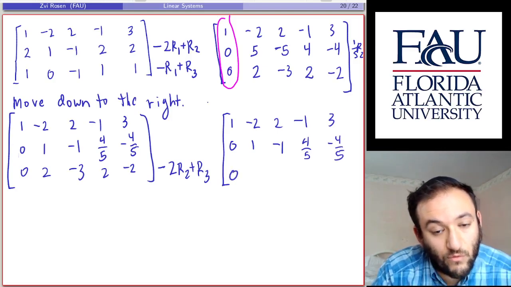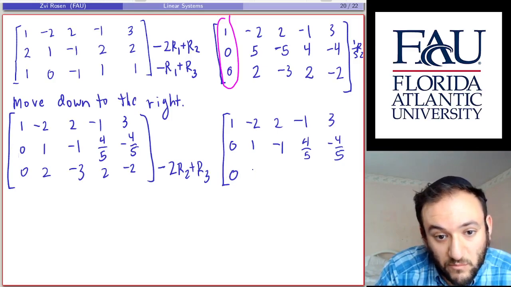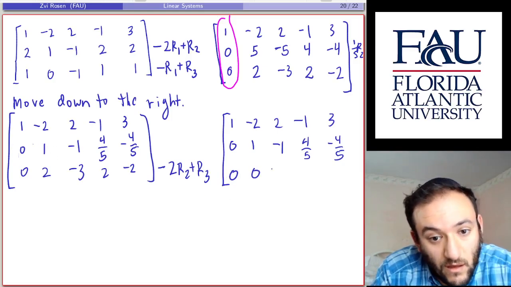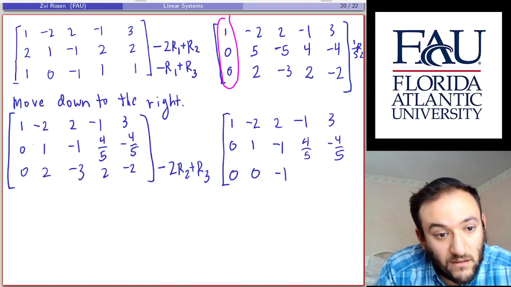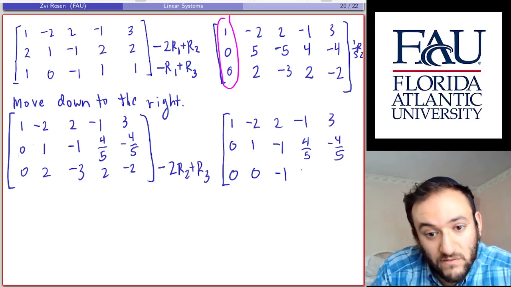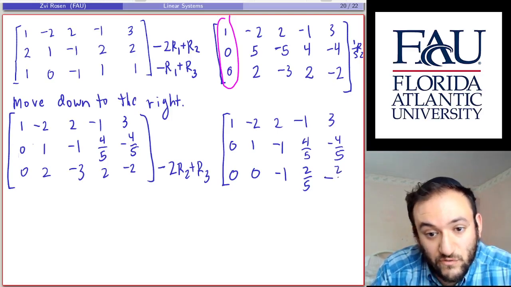And then third row, we're adding minus 2 times the second row. So it's minus 2 times 1 plus 2 is 0. Minus 2 times minus 1 is 2, plus minus 3 is minus 1. And then minus 2 times 4/5 is minus 8/5. Plus 2 is positive 2/5. And then minus 2 times minus 4/5 is positive 8/5. Minus 2 is minus 2/5.